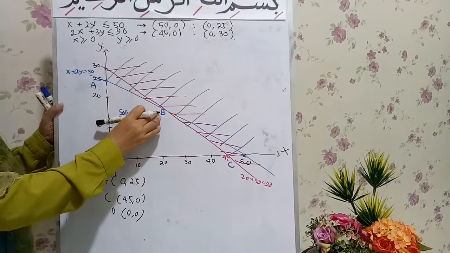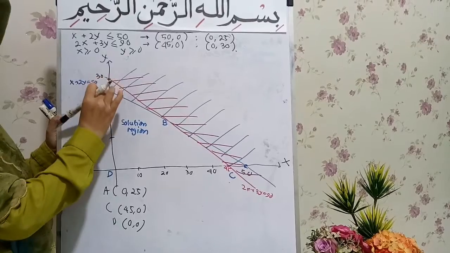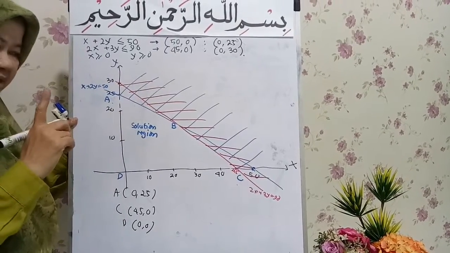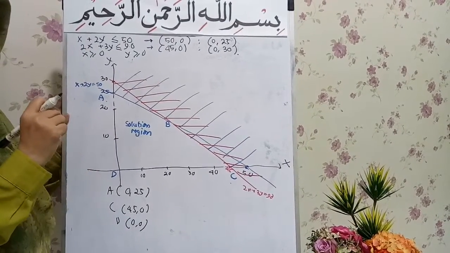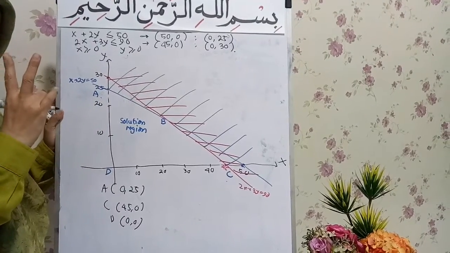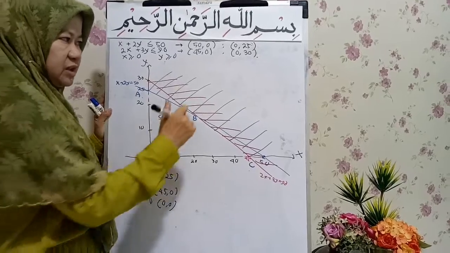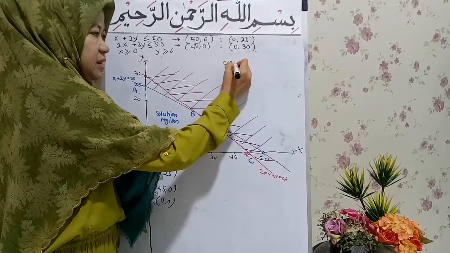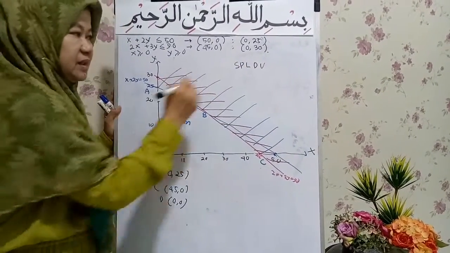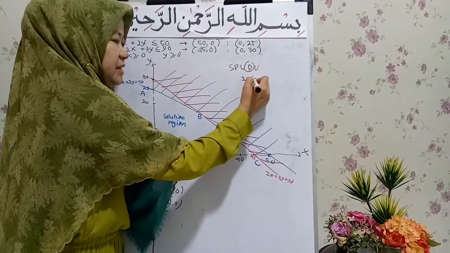As B is the intersection of these two lines, remember that we have a linear equation with two variables, x and y, which in Indonesian we know as SPLDV. D because it's two variables.